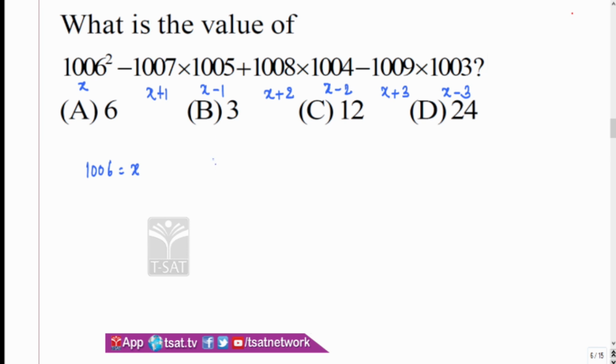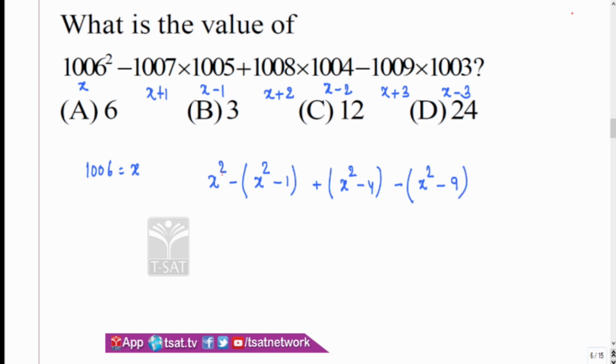Now we know what is a plus b into a minus b. First, x plus 1 into x minus 1 is x square minus 1, plus x plus 2 into x minus 2 is x square minus 4. Then after minus, x square minus 3 square, that is 9.